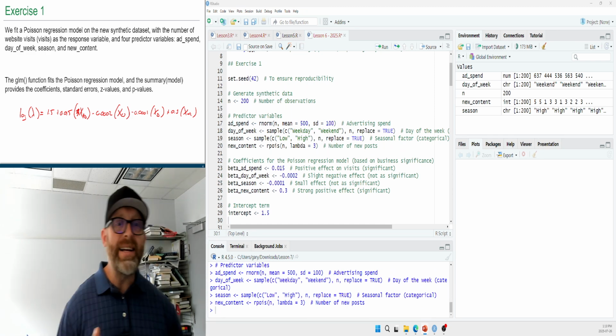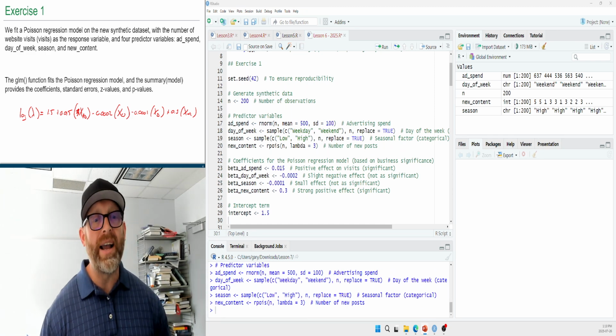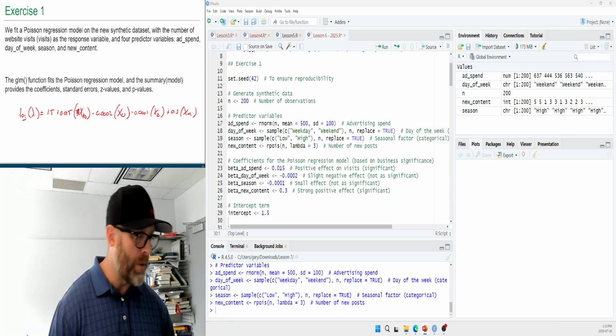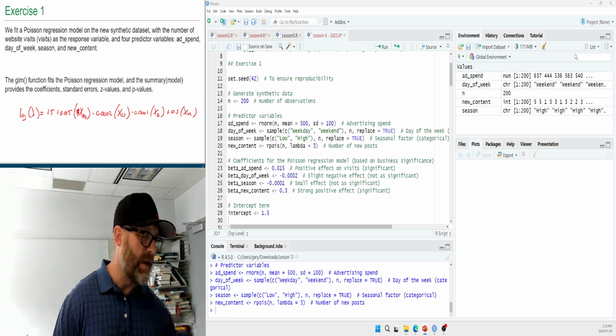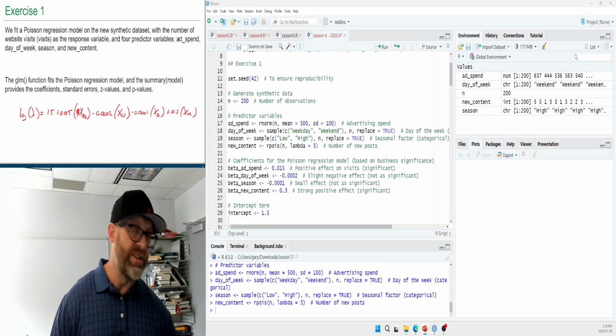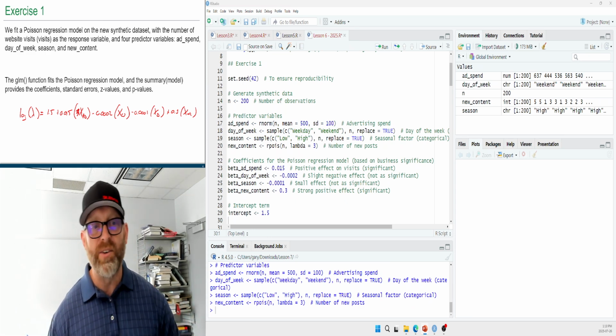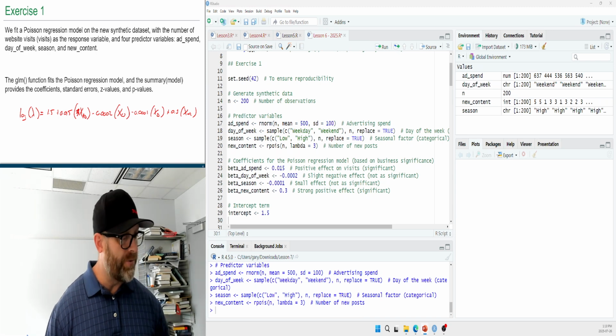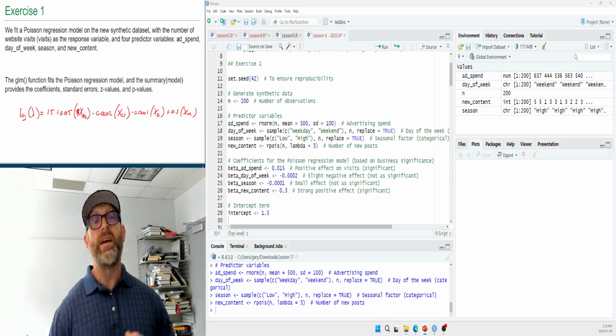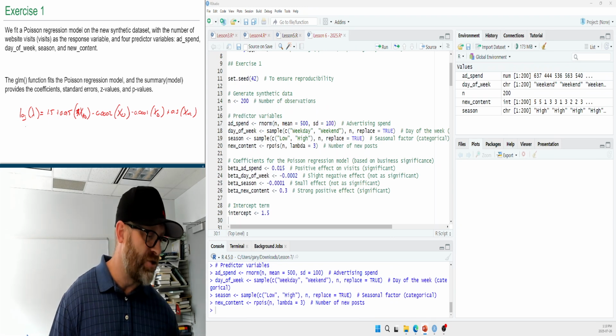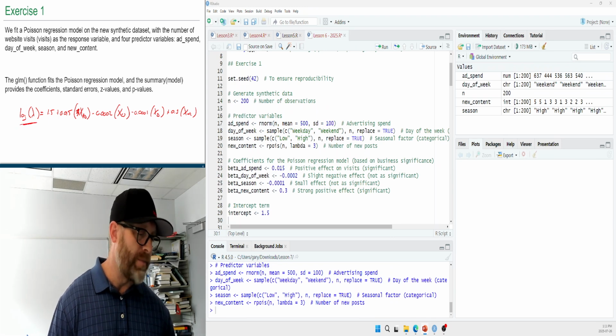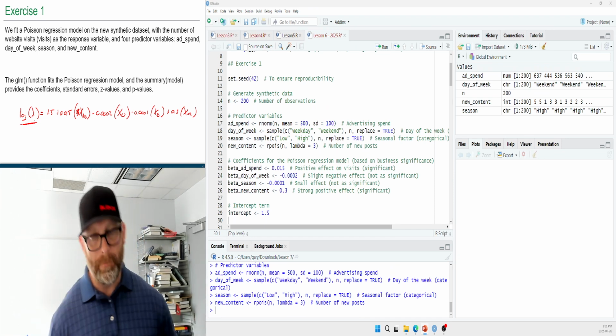So I've created at this point in time what I want my parameters to be. So that's my 1.5, my 0.015, my 0.0002, so on and so forth. We've created vectors now for all of my different x's. So I'm going to plug this into the right hand side, and this is going to generate 200 values for my log lambda.